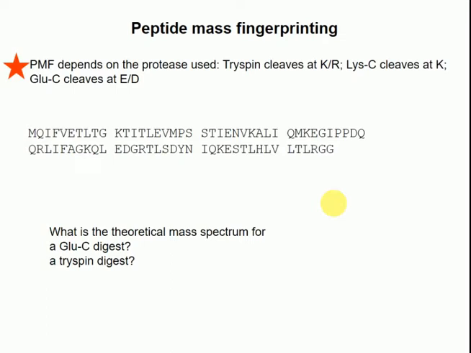Okay, so if we start off with the GluC digest then, that cleaves at aspartic acid and glutamic acid. If you take that protein, then the first one will start at the N-terminus.